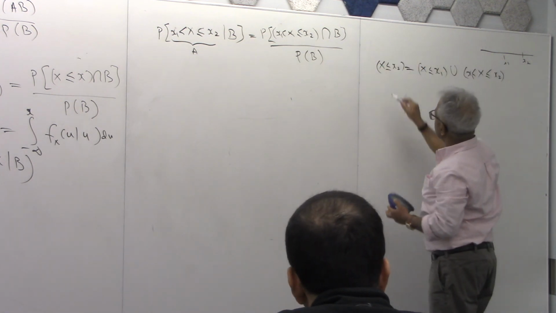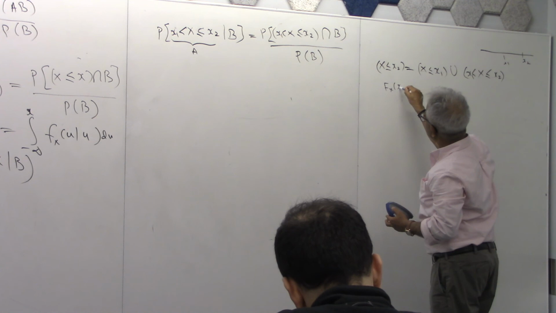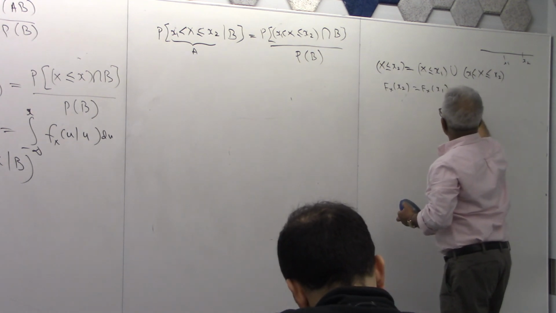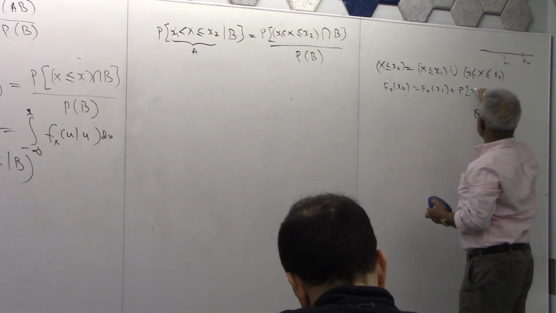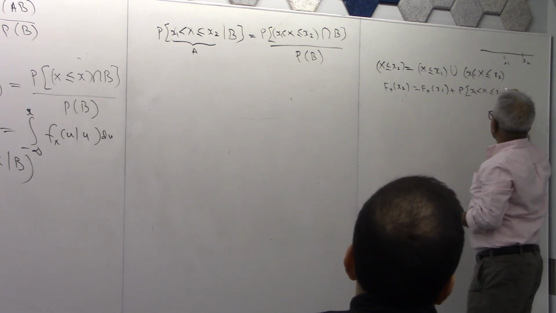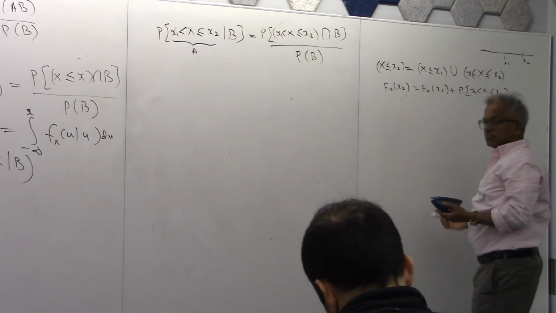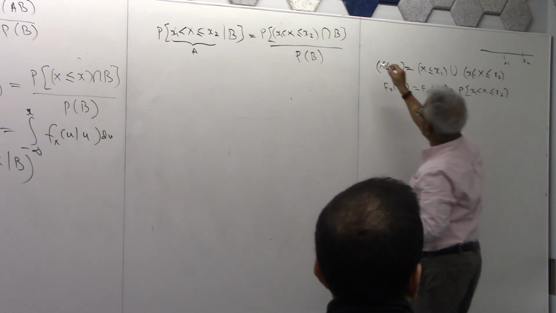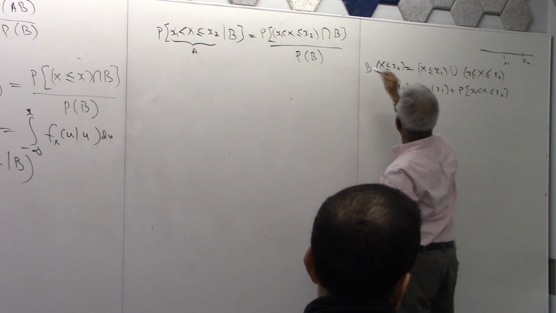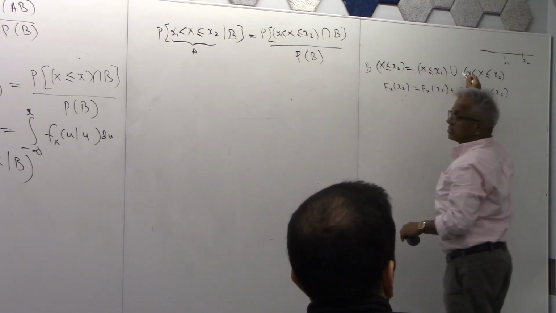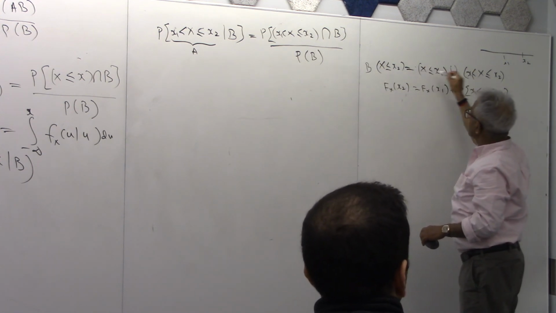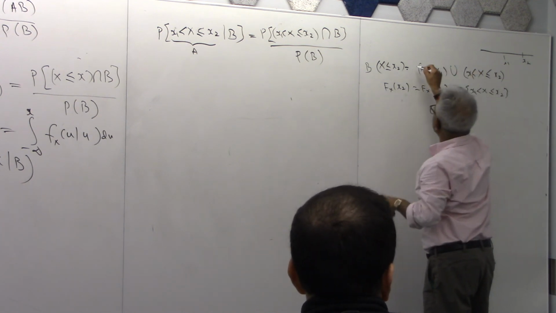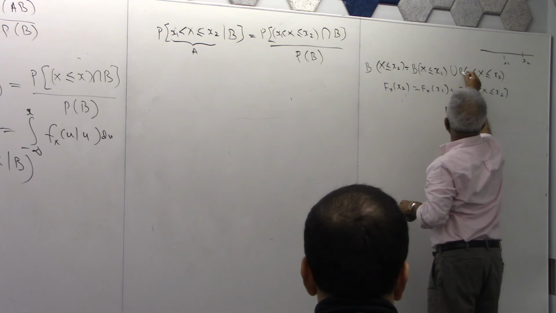So from here you get the distribution function of x2 minus F_X of x1. So we had this a while ago. So this probability is the difference of these distribution functions. Let me do an intersection with the B here. So that will be, remember, this is like logical addition. So B here, B here.